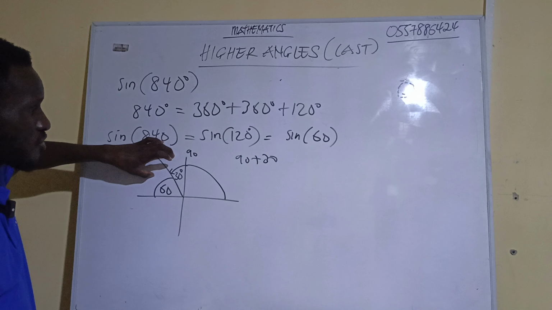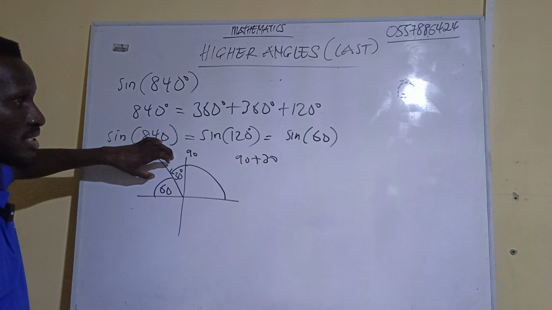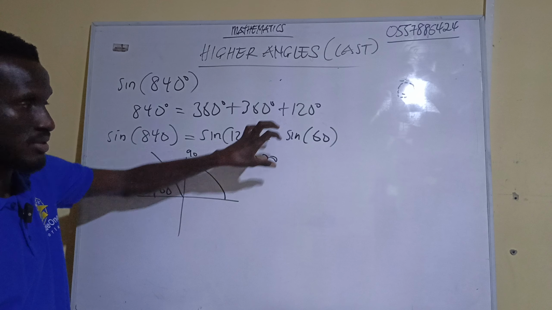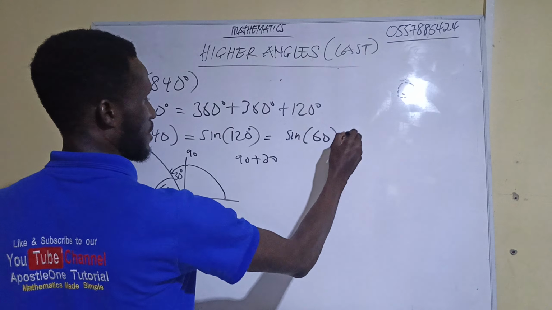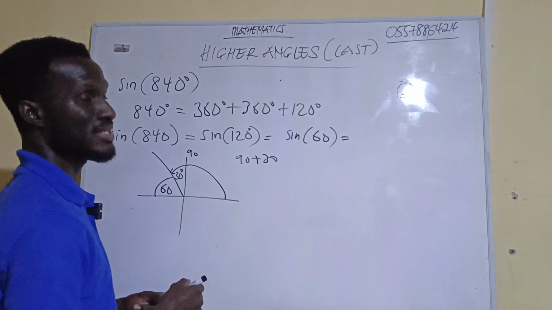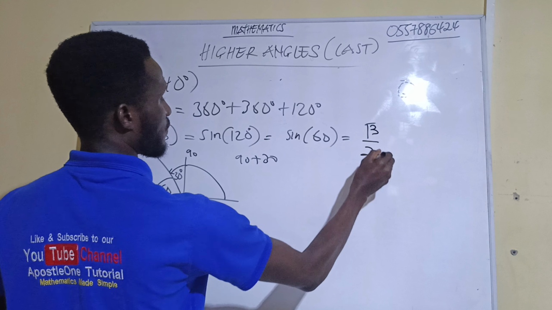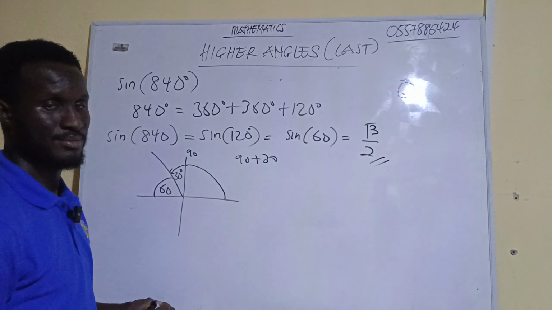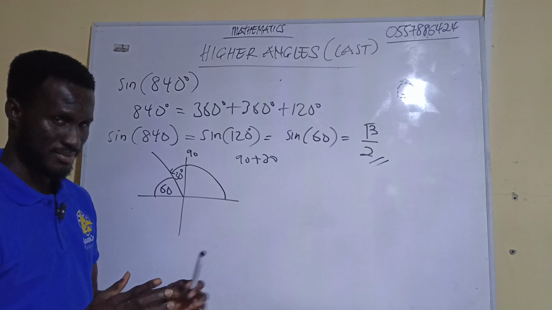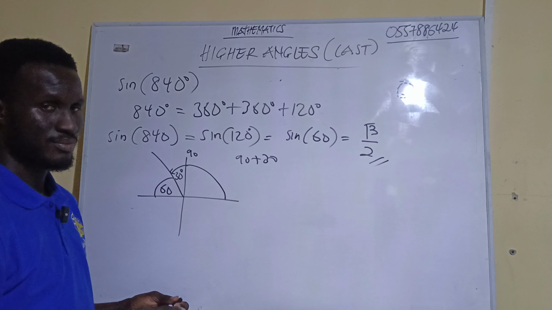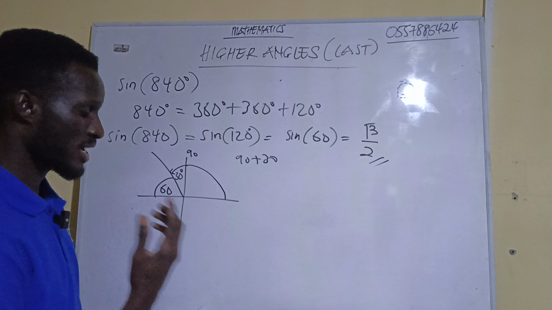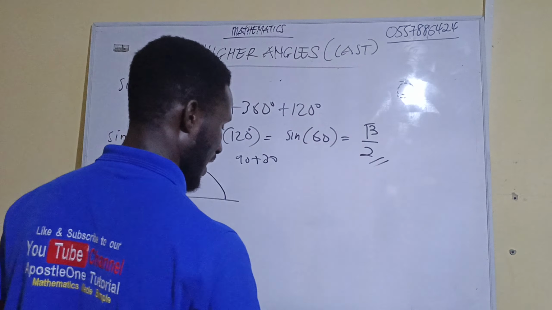In the second quadrant, the sign is positive, so I'm going to get a positive answer for this. You get it? Okay. Now what is sine 60? Sine 60 is root 3 out of 2. So this is the answer. You see how simple it is? It's very simple. But if you don't understand, there is no way you can solve. Now let's look at another one.